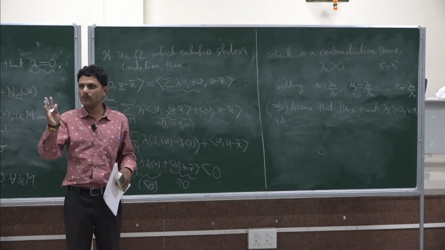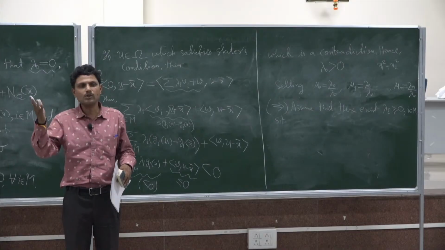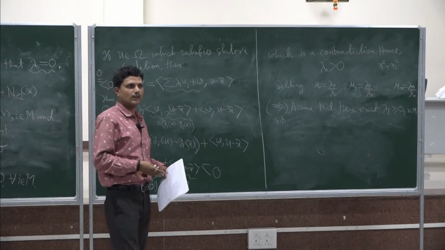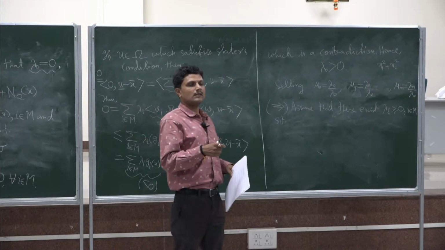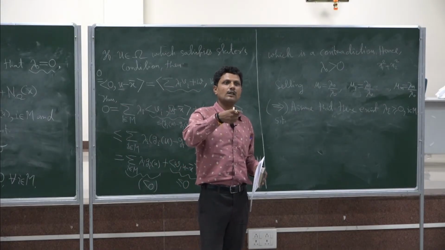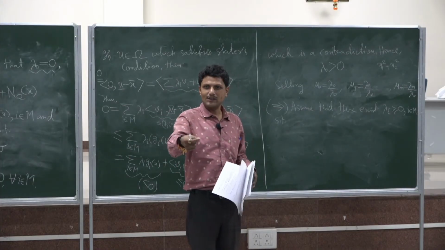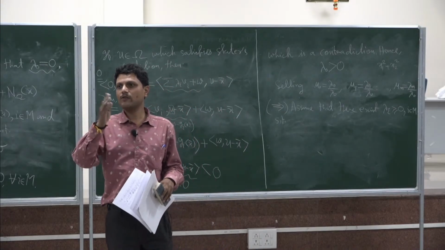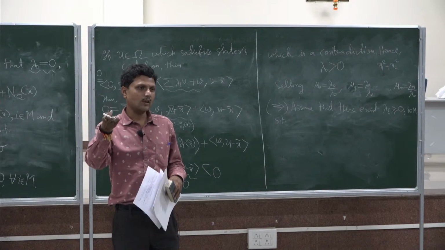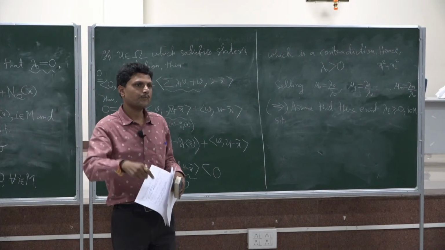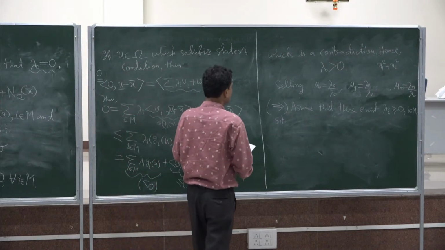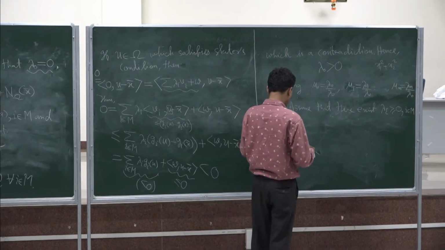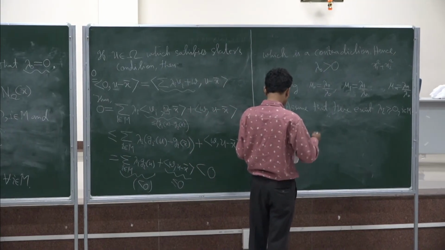Even if all of them are equal to 0, that makes no difference. The problem arises when the feasible region does not contain the origin, and only then this problem becomes different from the unconstrained optimization problem, right? So that is why we try to adopt this different type of condition.